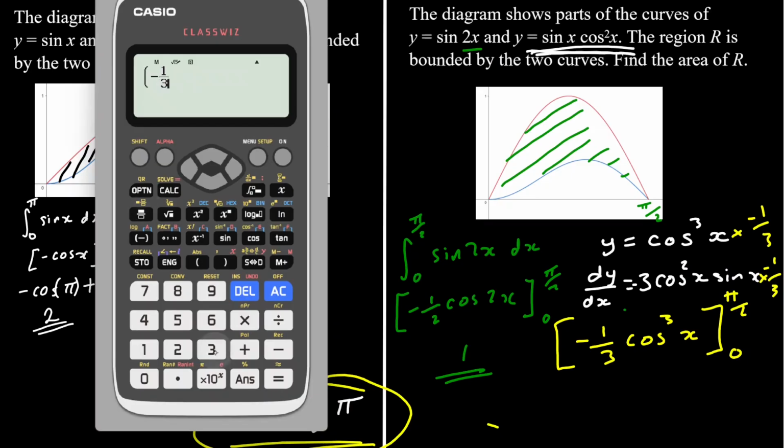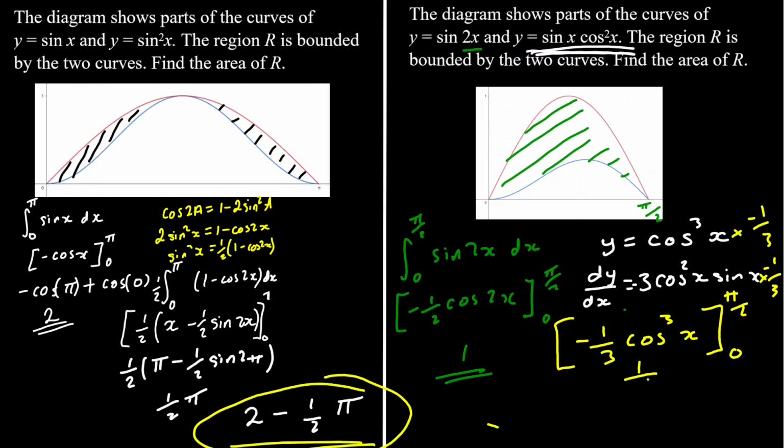minus a third of cos pi over 2 cubed, minus a third of cos 0 cubed, is 1/3.